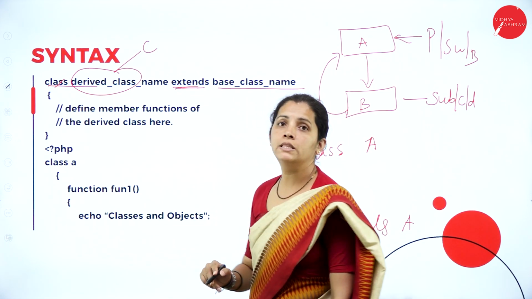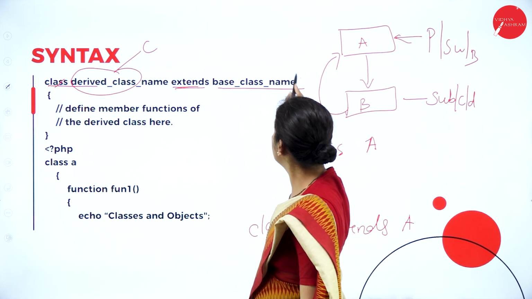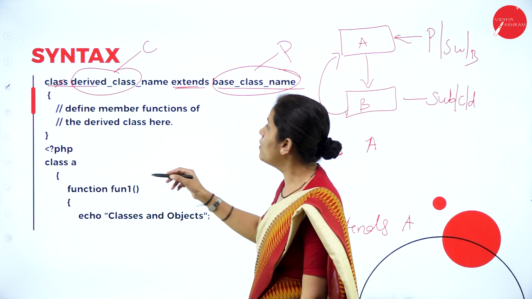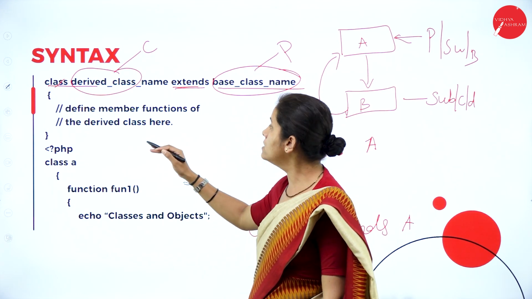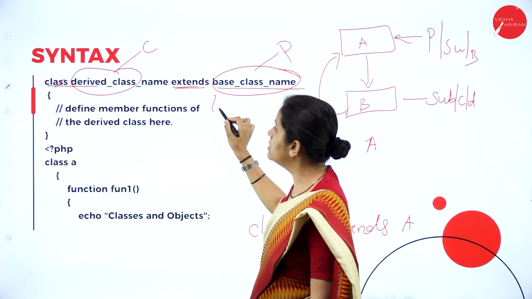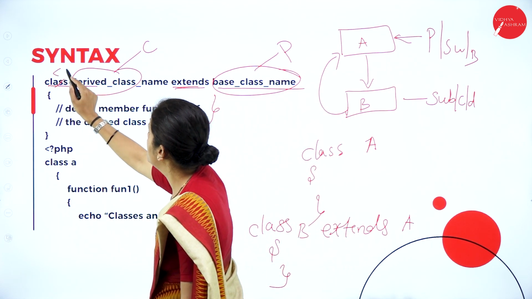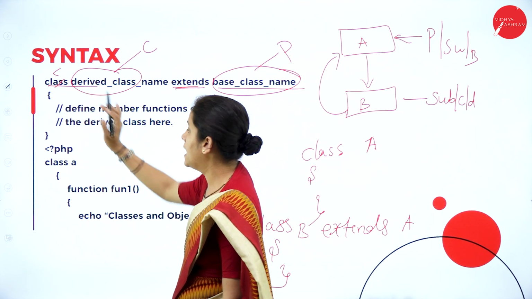I'll start with the extends keyword, and the base class is nothing but your parent class. Now I can have the members and functions here. This is just a syntax.